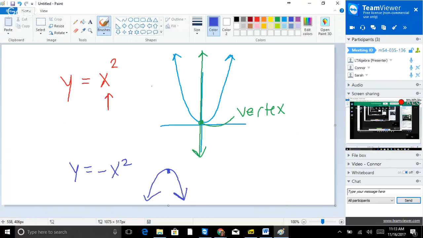So when we get into chapter 4, I'm trying to find a good example that works out nice and pretty for us.